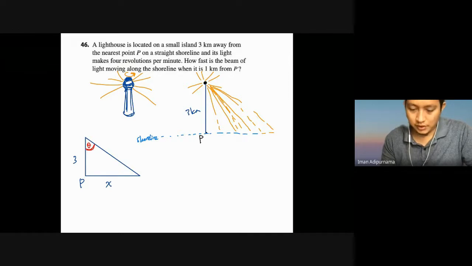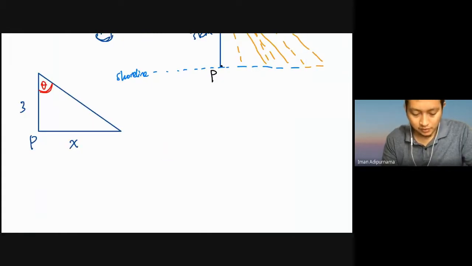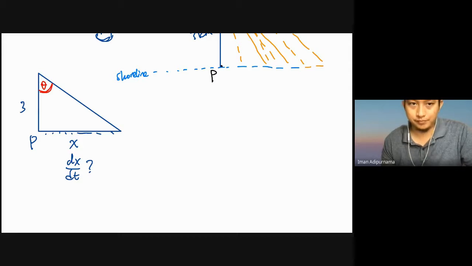Now, the question is asking for dx over dt, right? How fast the beam light is moving along the shoreline. So at this x, there will be a light that is moving. We can define this as dx over dt. That is what we are looking for. So we have theta, we have x, we have 3.